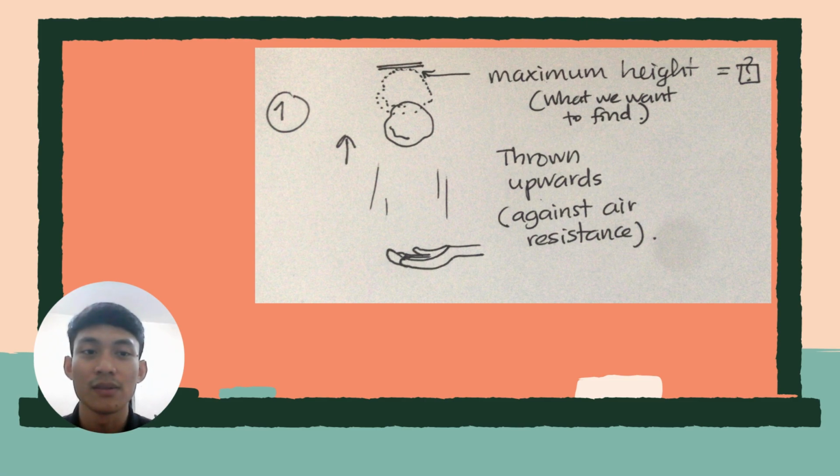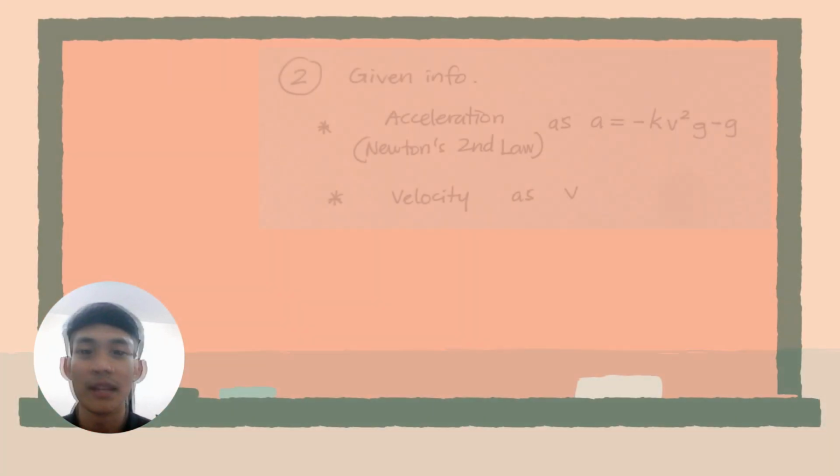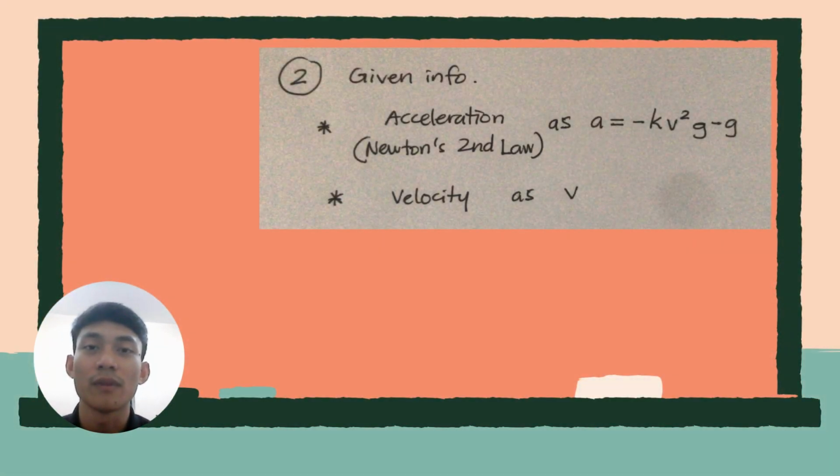All right. So from the question, we need to look at all the information given. All the information will help us to find the answer and to solve this problem. The most important information that we can get is the acceleration and also the velocity of the stone.